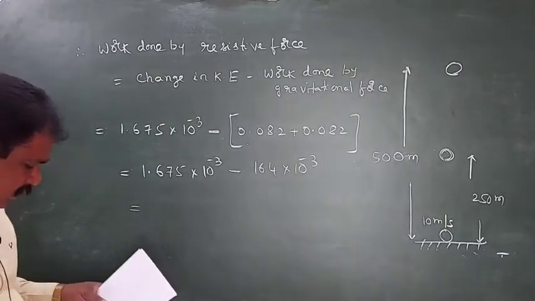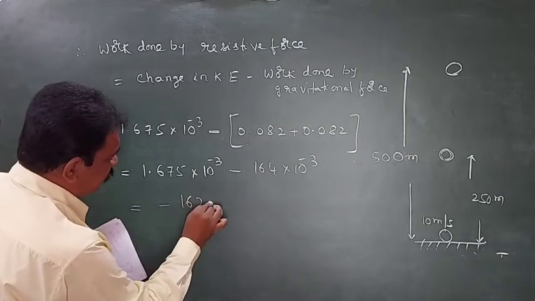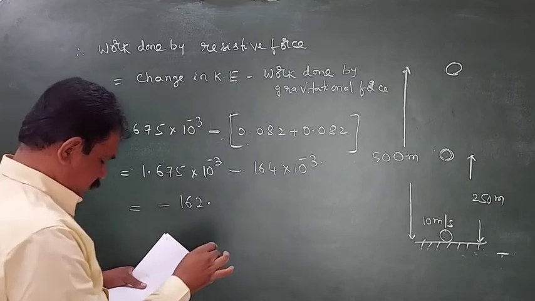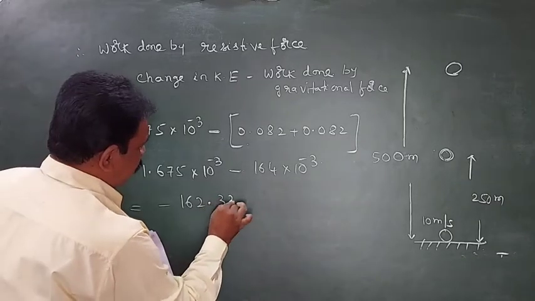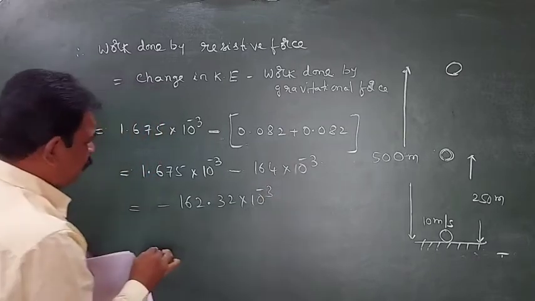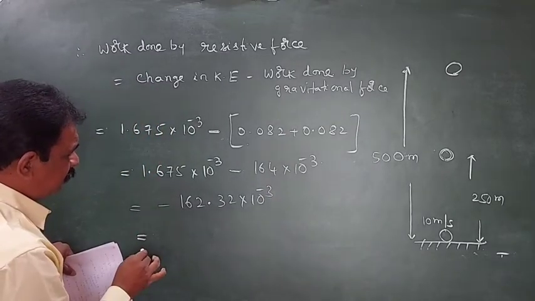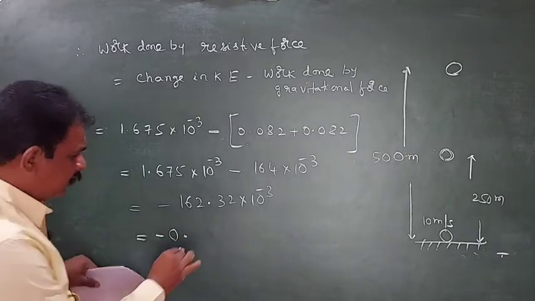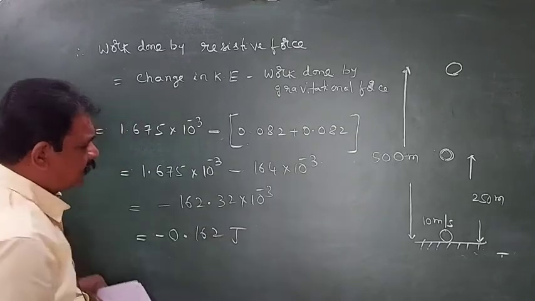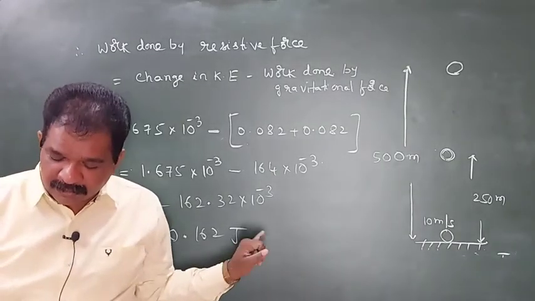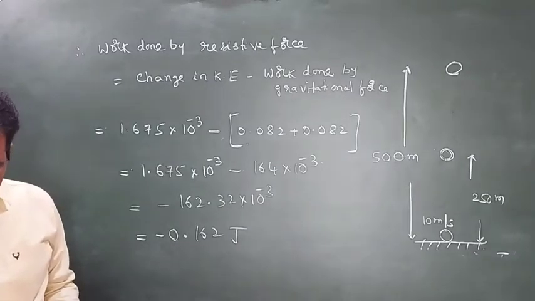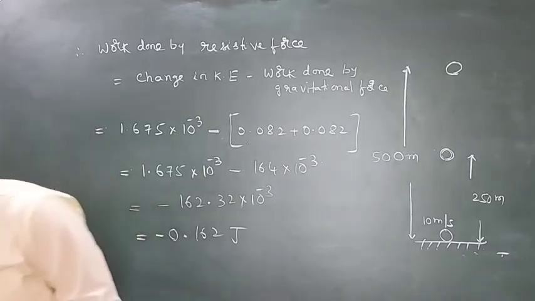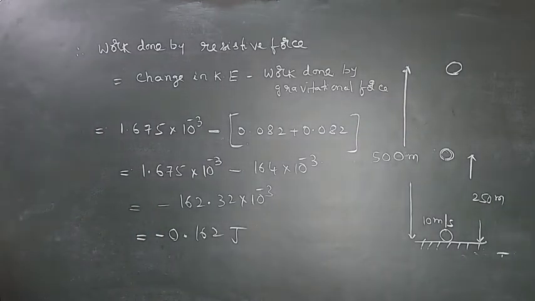If we calculate, this will be minus 162.32 into 10 power minus 3. So this will be minus 0.162 joules. Okay. This is the work done by the resistive force. Clear? Next.